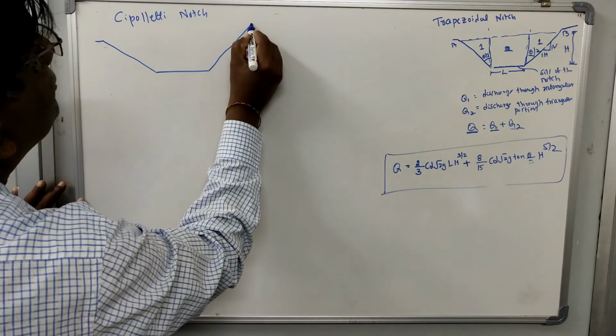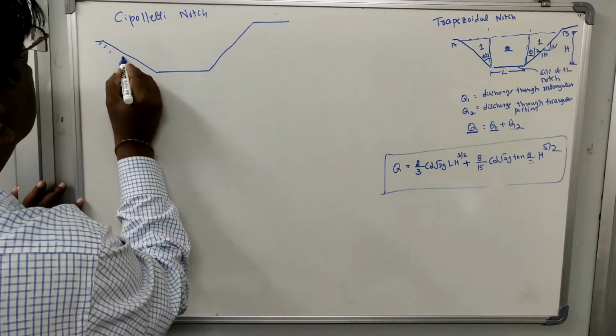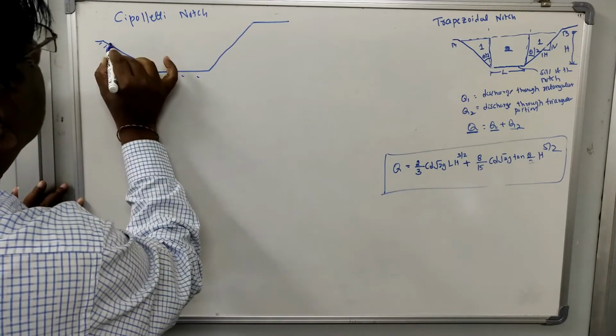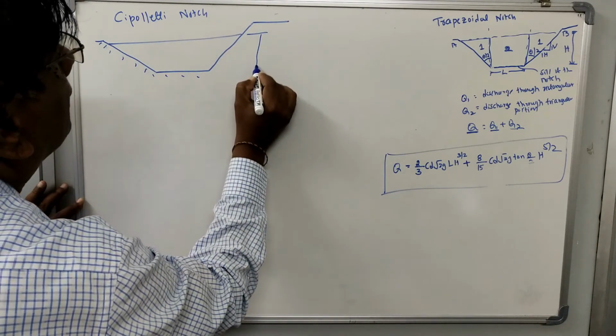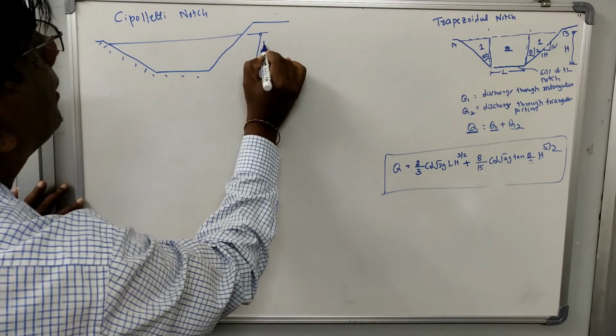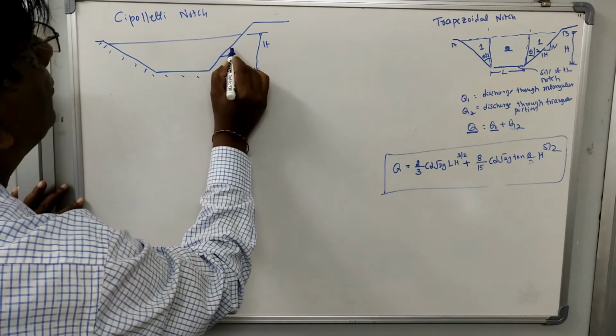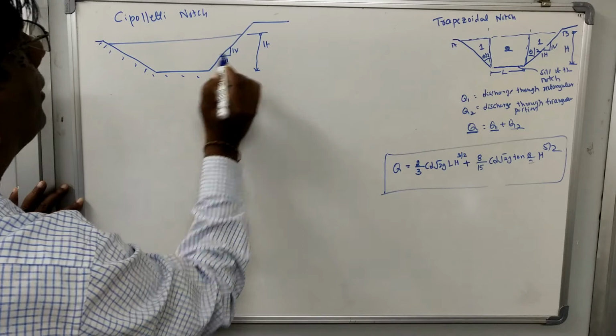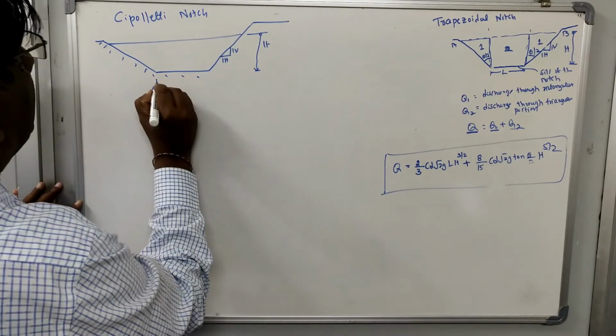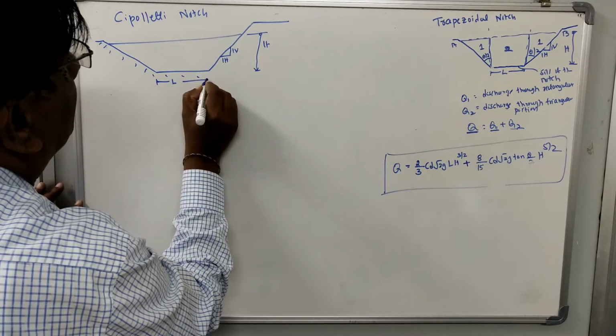Sorry, trapezoidal notch. This is the H, that is the head over the sill, and this is the side slope, one vertical to one horizontal, and this is the L, that is the length of the notch.